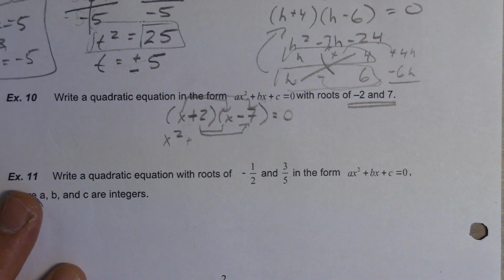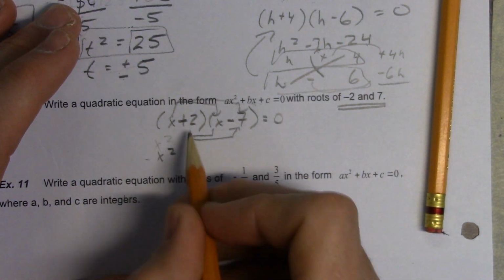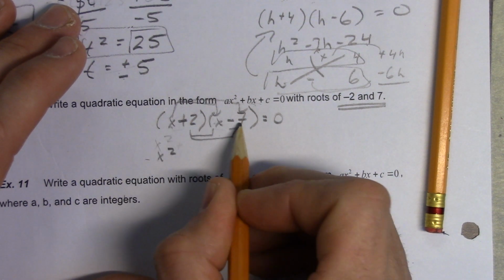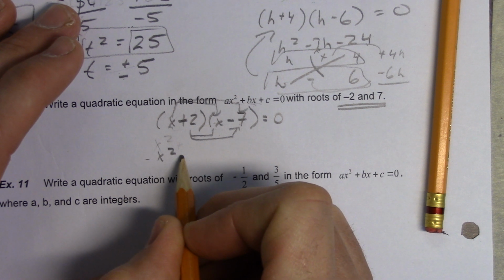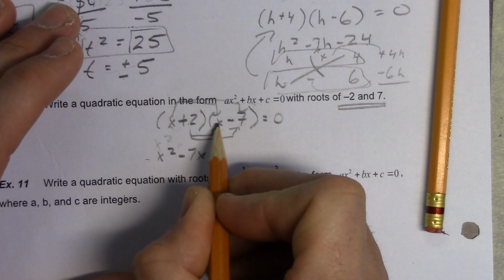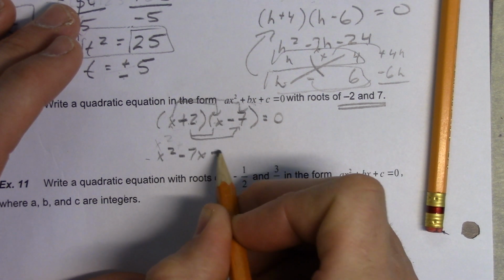All right, you made it halfway. Foil is from last chapter, right? We have to multiply x times x, which is x squared. X times negative 7 is what? Negative 7x. And then 2 times x is? Plus 2x, yep.